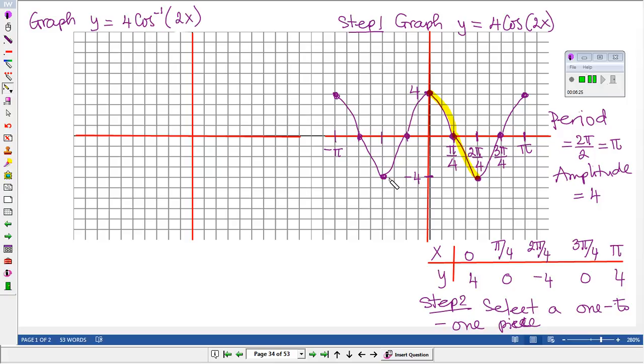Now some of you will say, can I select the piece on the left hand side? Yes, that will be okay. I just want to deal with the positive domain.